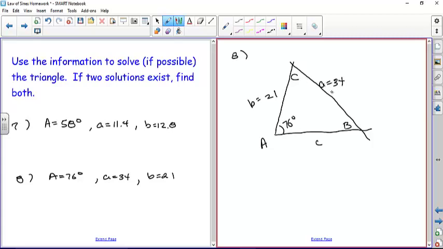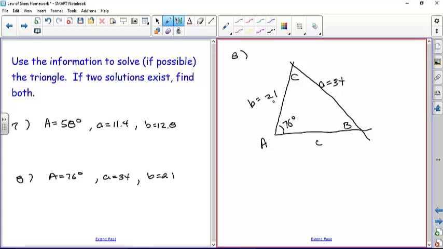If it's shorter but not too short, then you'll get a solution here, and you'll get another solution as this thing rotates around. If this is too short, then this thing would rotate around and would never touch this horizontal side. So I guess this is the easiest one, where B is greater than A.